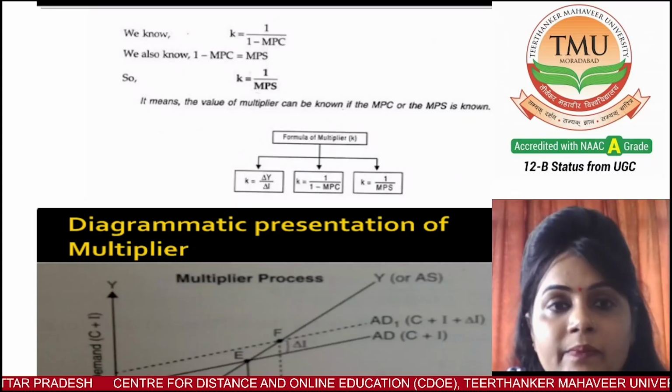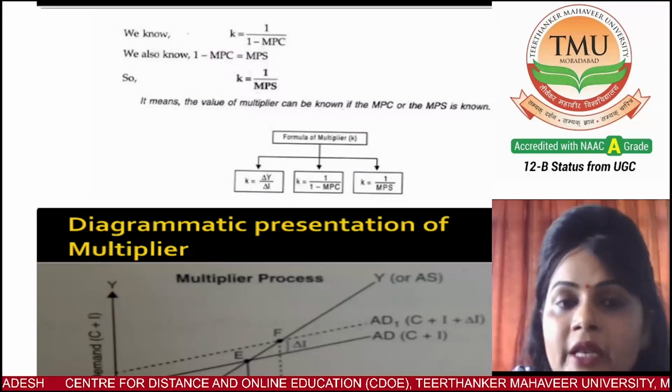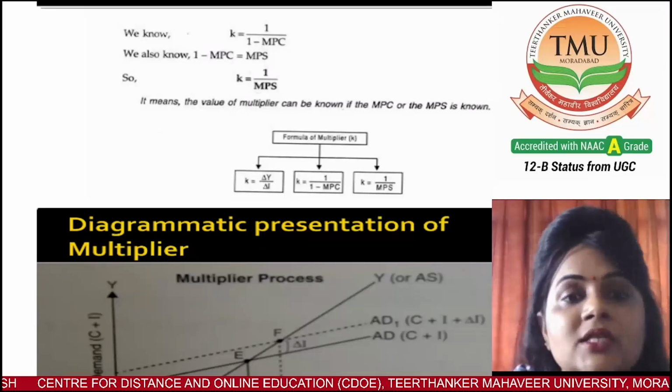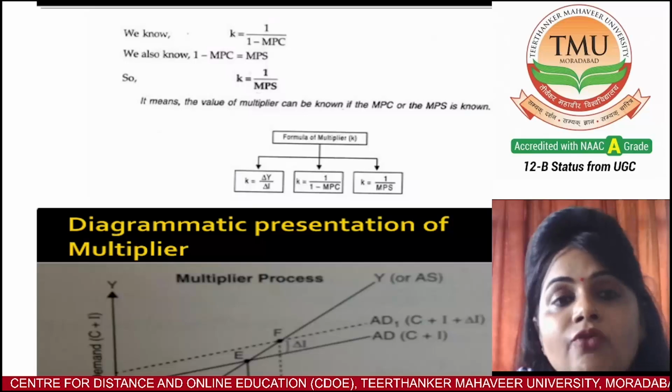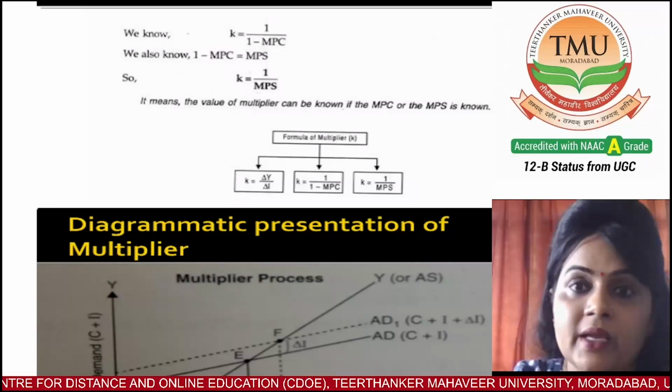Then MPS, 1 minus 0.67, will be 0.33. So divide 1 by 0.33, what will come? 3. Okay, so when the value of MPC is increased, the value of multiplier increases.